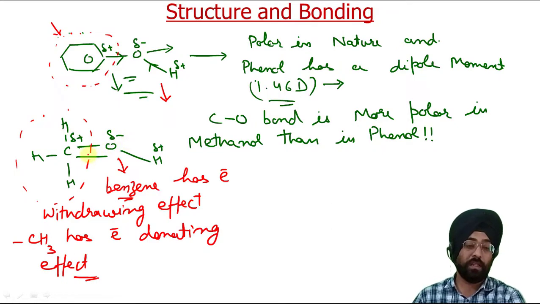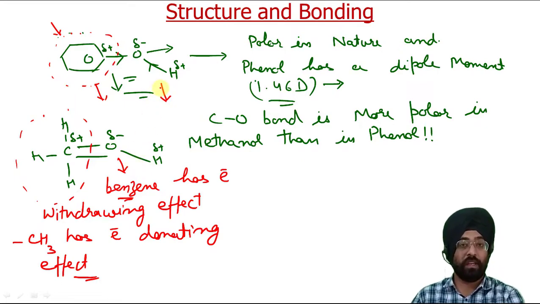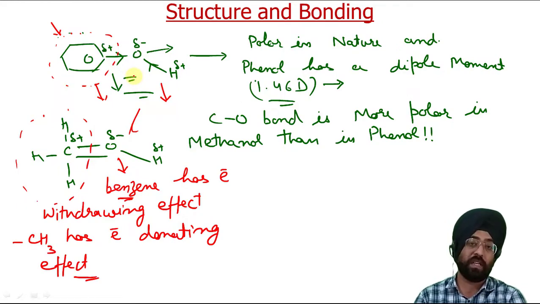So here all the dipoles are in the same direction, because methyl is also electron donating, it donates its electron towards oxygen, but benzene has somewhat electron withdrawing effect, so it reduces its dipole moment. So these are very important things, because when we will compare the properties of benzene with these compounds, then we try to explain the chemical and physical properties based on this structure and bonding.